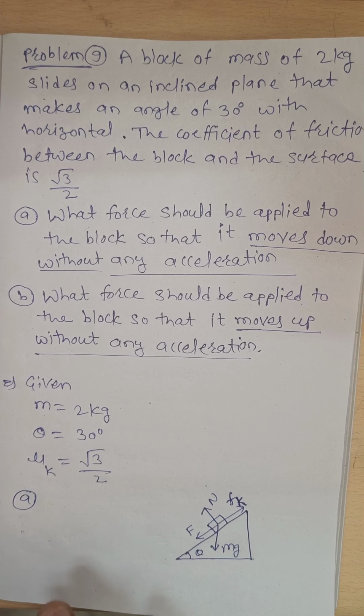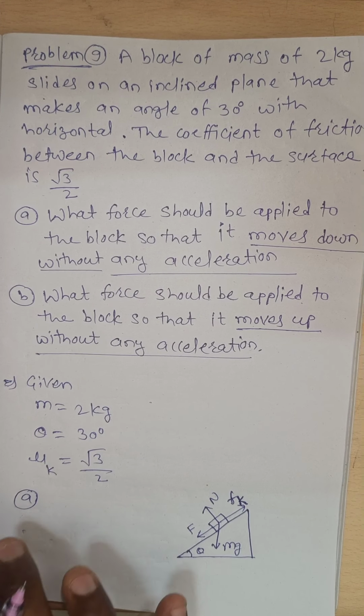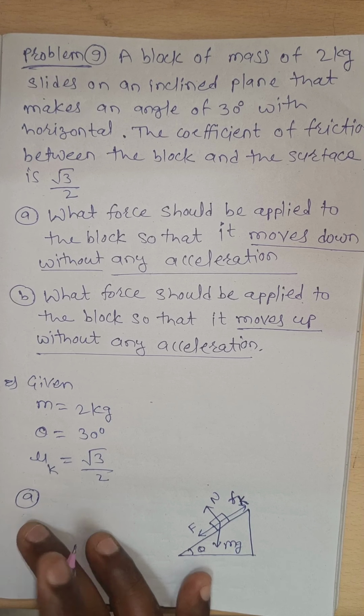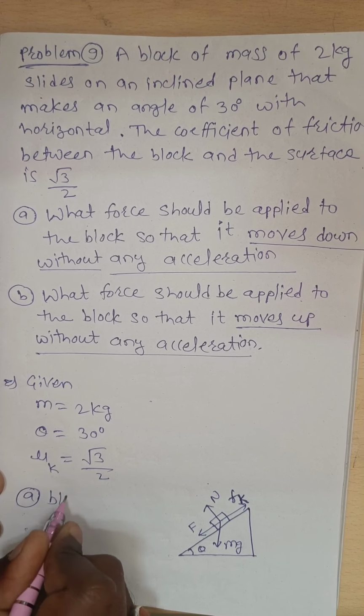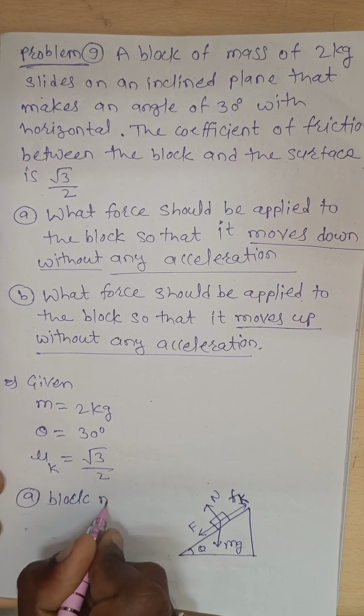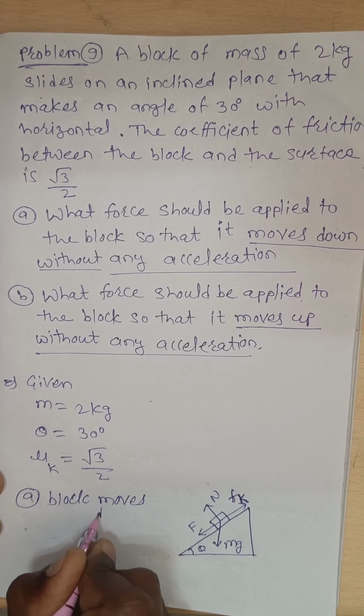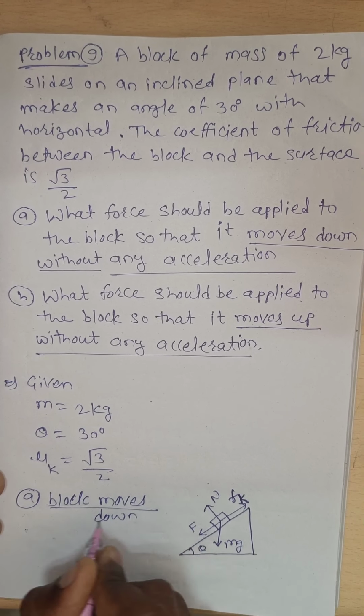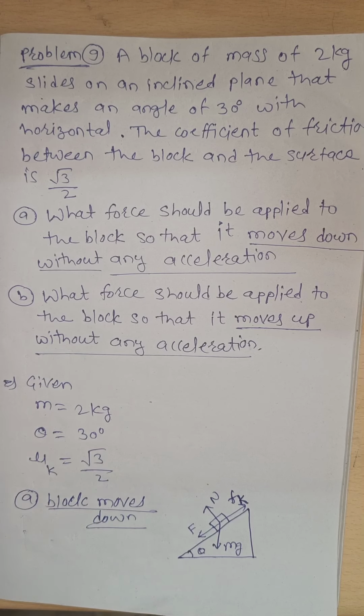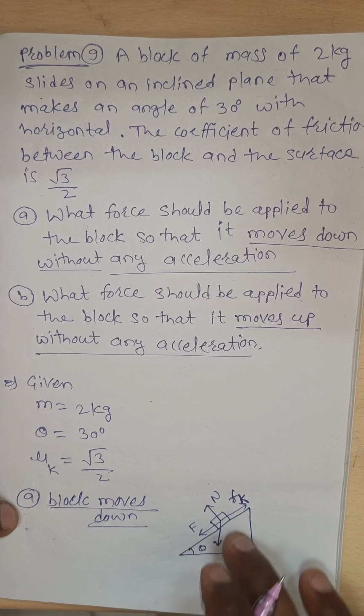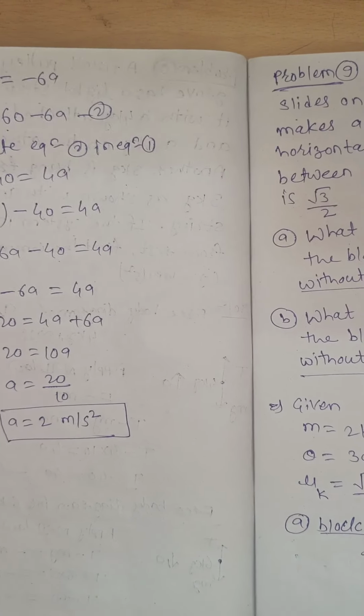Now we have to draw a free body diagram for when the block is moving down. When the block moves down, in that case we have to draw a free body diagram. Now see here, once again I can draw a diagram and the free body diagram.